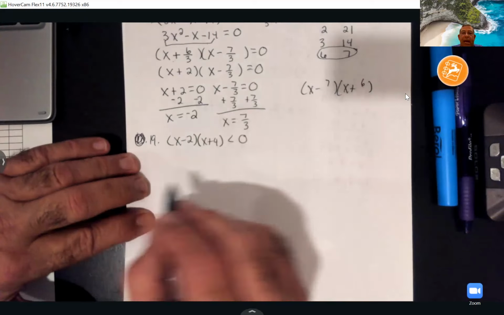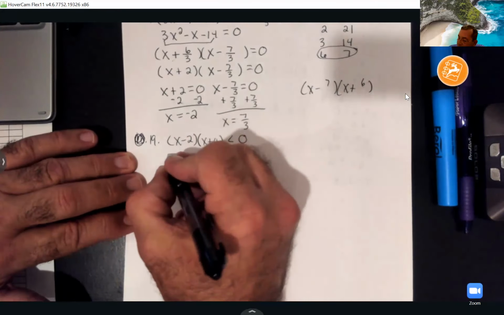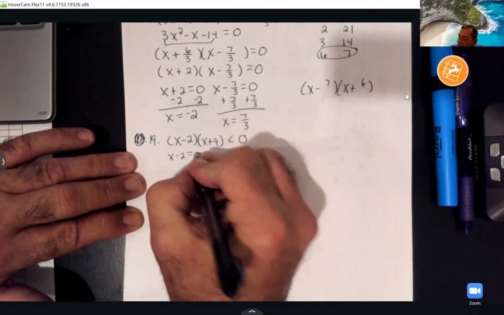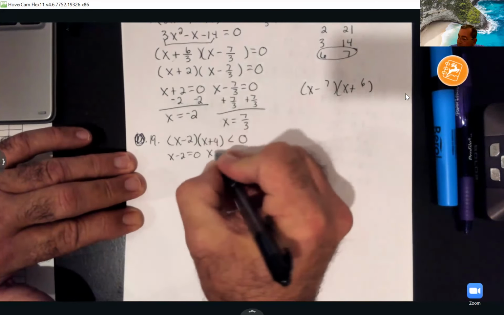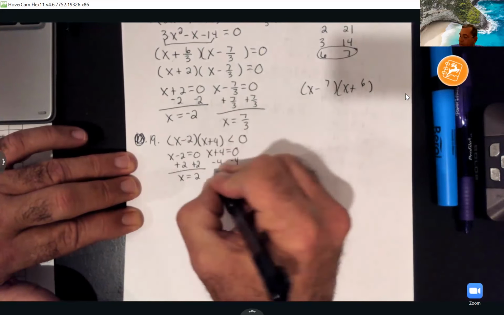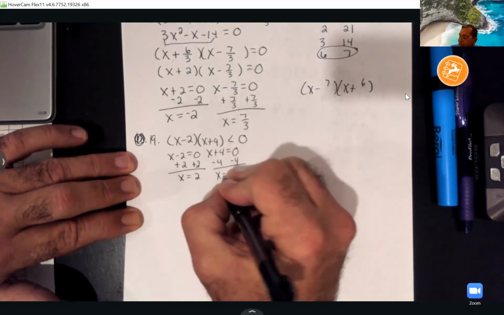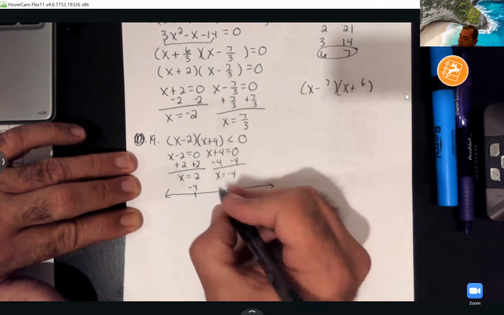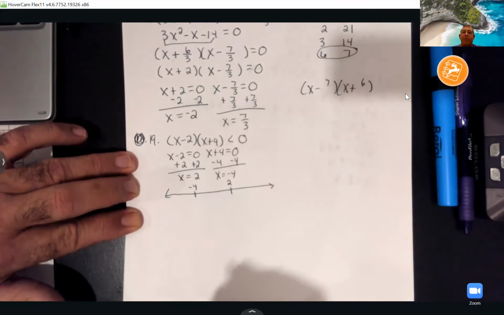That's where I made the number line and stuff. So let's solve both of these first and get our two numbers. So it looks like it's going to be x equals 2 and x equals -4. Then I made my number line, and I'm using those two numbers. So -4 would be first and then 2.